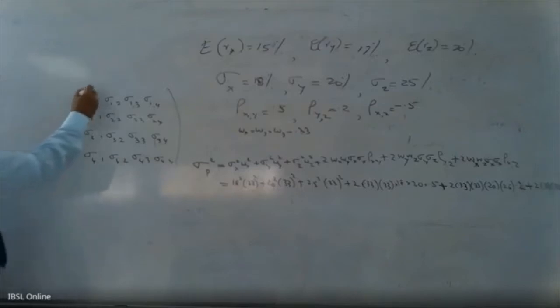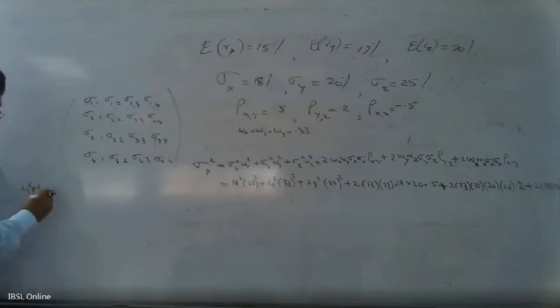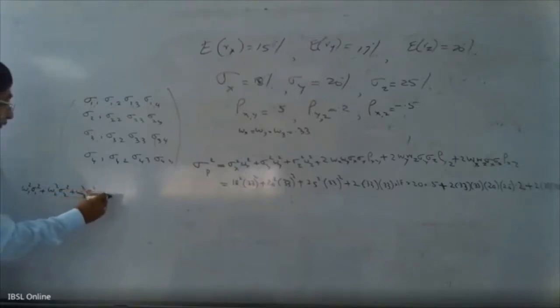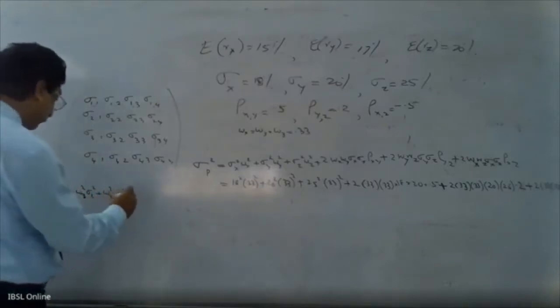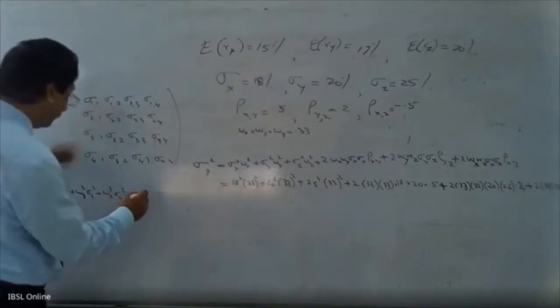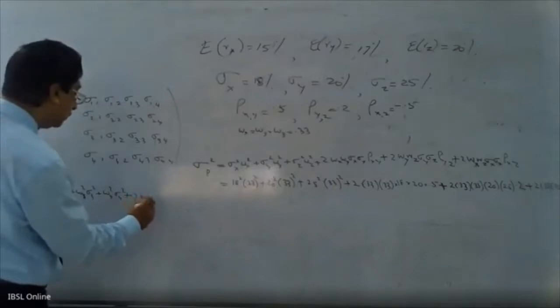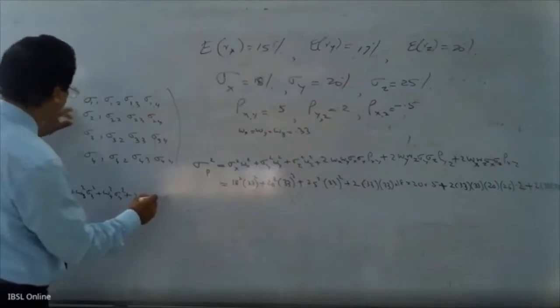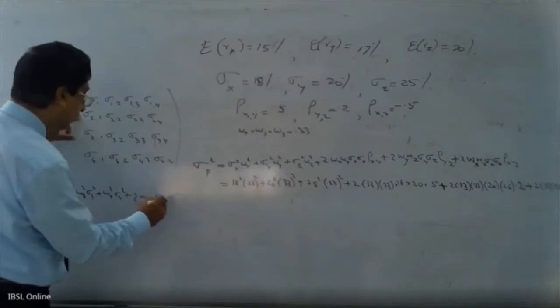So the W's: W1 squared sigma 1 squared, plus W2 squared sigma 2 squared, plus W3 squared sigma 3 squared, plus W4 squared sigma 4 squared, plus now 2 W1 W2 sigma 1,2.